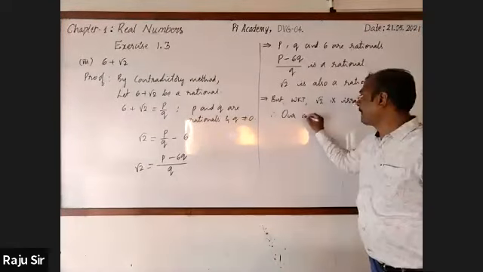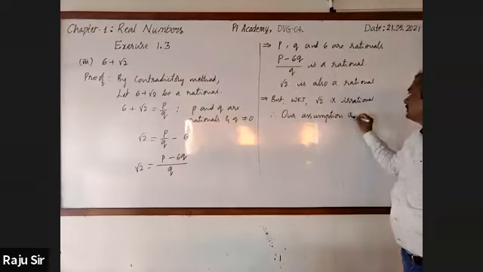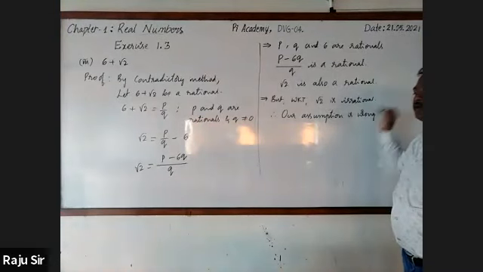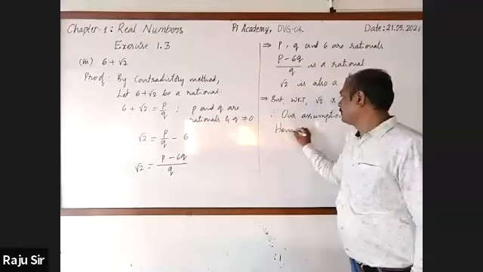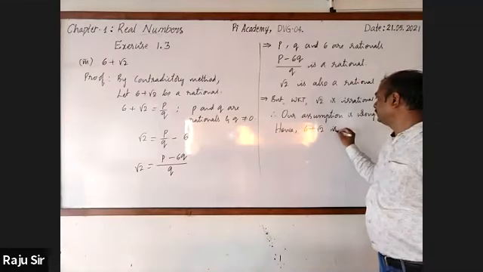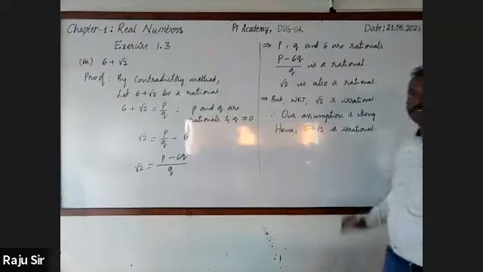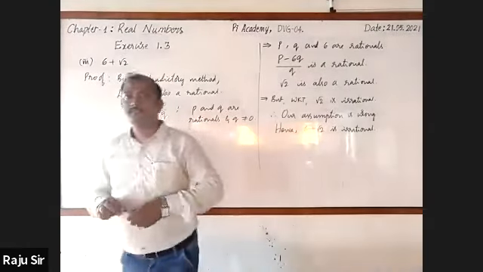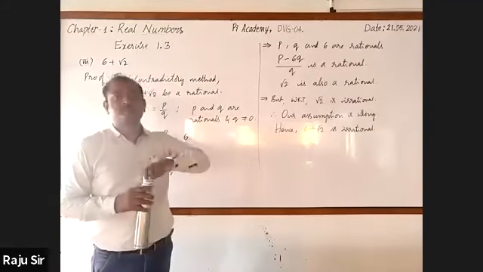Therefore, our assumption is wrong. Hence, 6 plus root 2 is irrational. Right, it is proved.